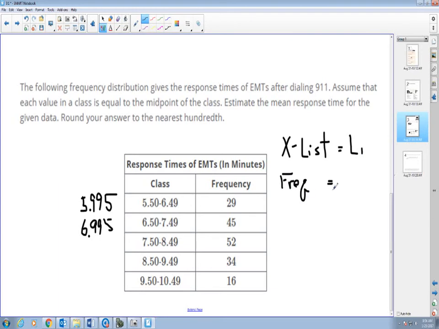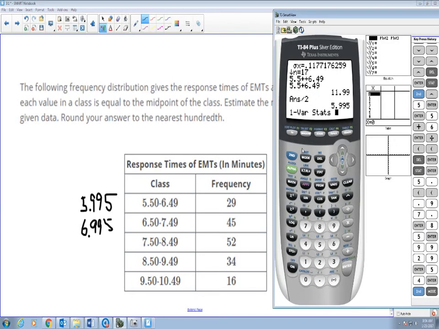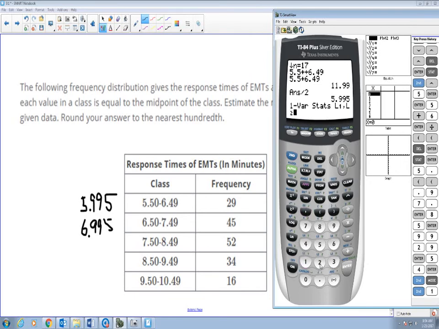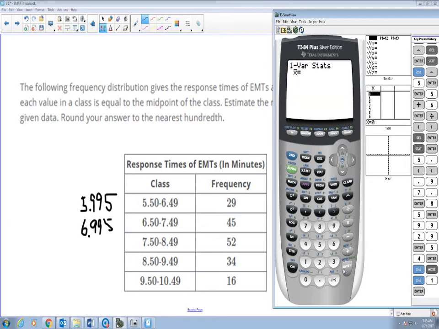So for the frequency, you have to type in L2 and then calculate. So I will say second L1, comma, second L2. If I do not type in L2 for my frequency, it will only calculate the mean for my L1 only. By typing in L1, comma, L2, it will actually do the weighted mean for you in the calculator.